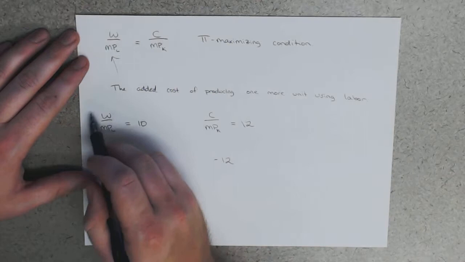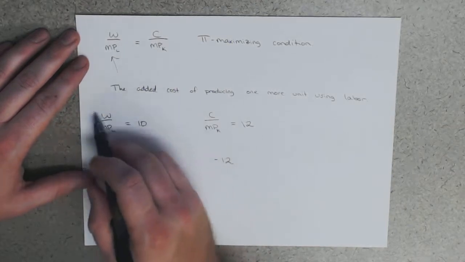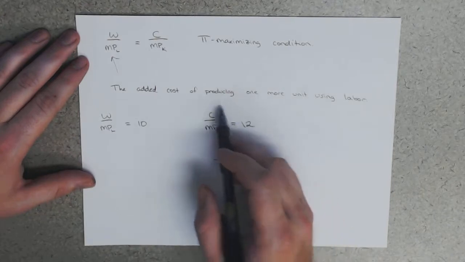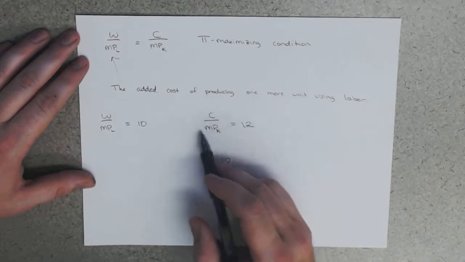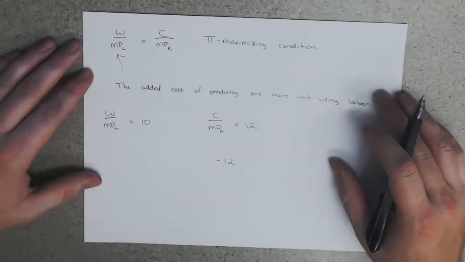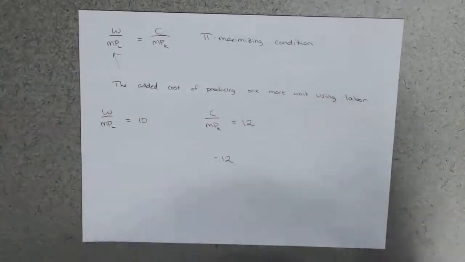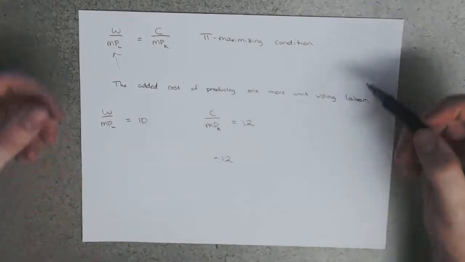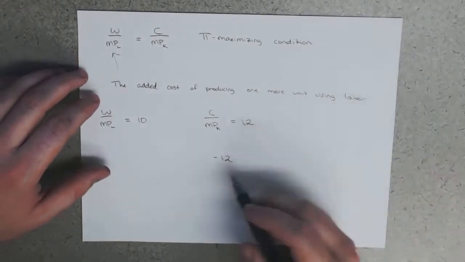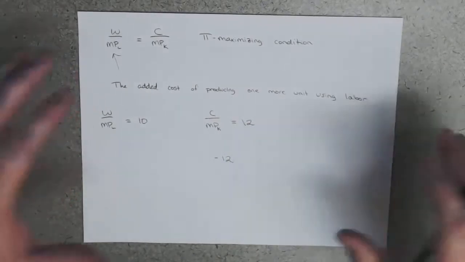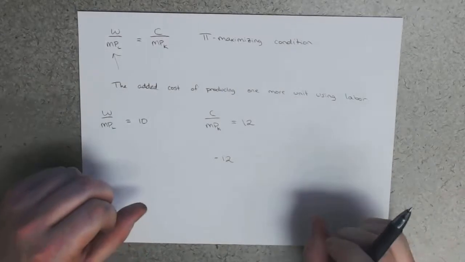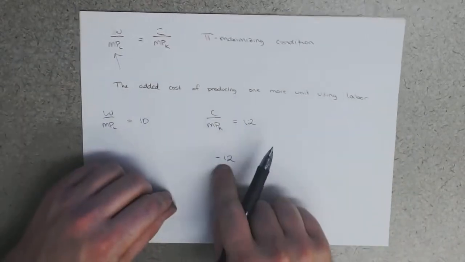If I fire the requisite number of machines to decrease my production by 1, I'll save $12.